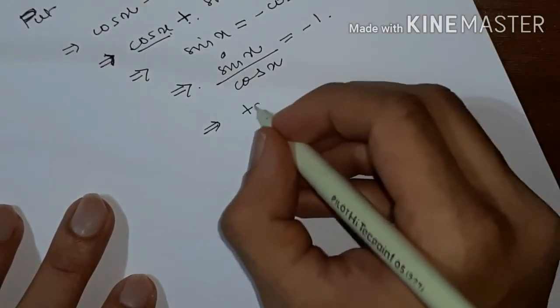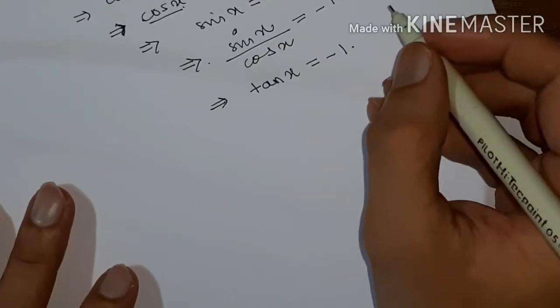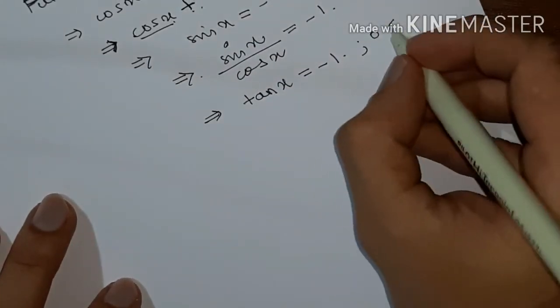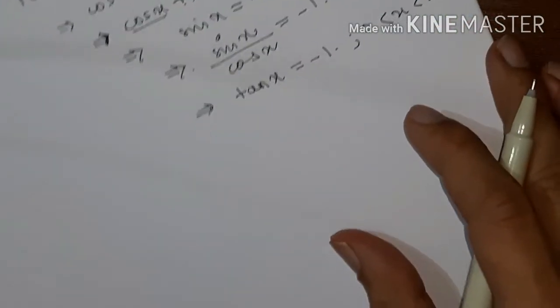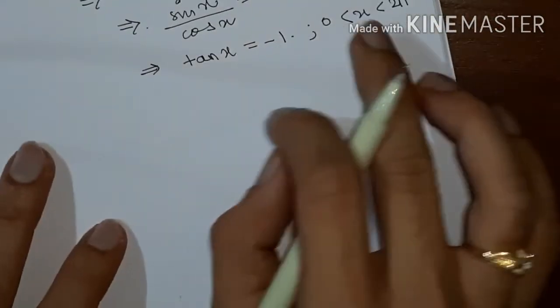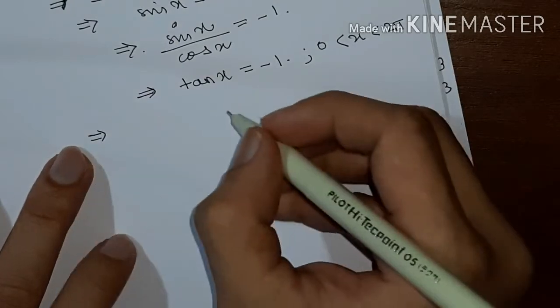So that means tan x is equal to minus 1, and you remember that 0 is less than x less than 2 pi, right? That is important, okay. This is the domain that is given. Now what you will get here?